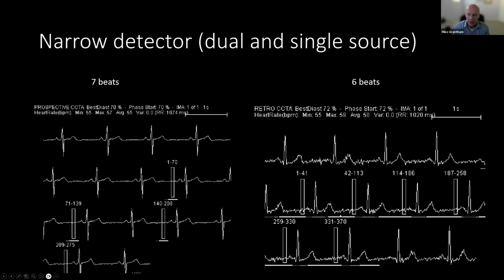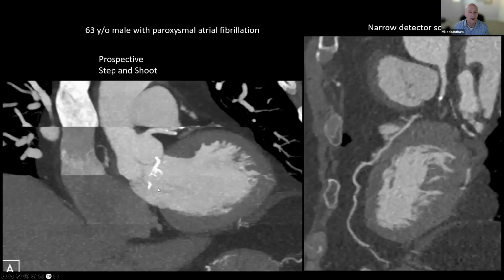And unless you're acquiring the entire cardiac cycle, often you don't have enough data to do ECG editing. So what we end up doing is actually just kind of piecing the coronary arteries together based on what we have here, rather than doing ECG editing, because we try not to do the whole beat retrospective because that's a pretty high dose.